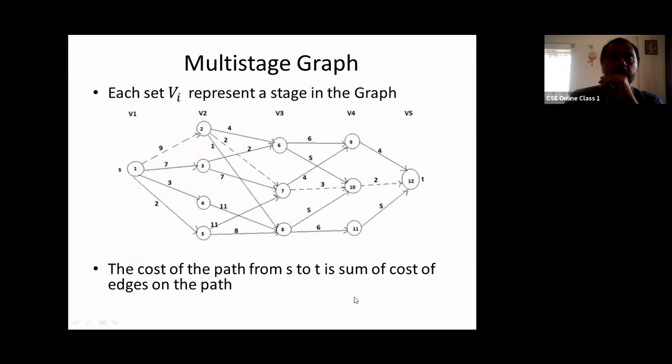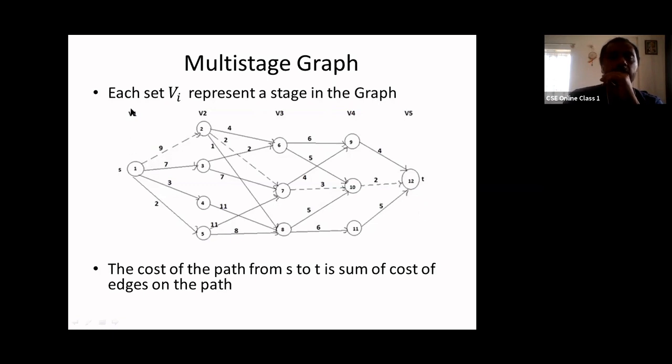An example of this: you can see this is one of the multi-stage graphs where all the edges are marked with a direction. These vertices are classified into 5 groups, that is V1, V2, V3, V4, and V5.